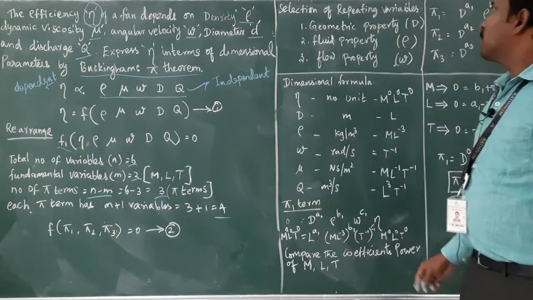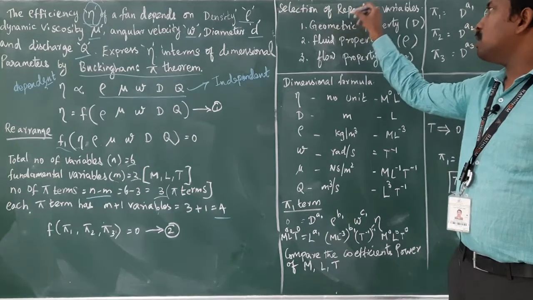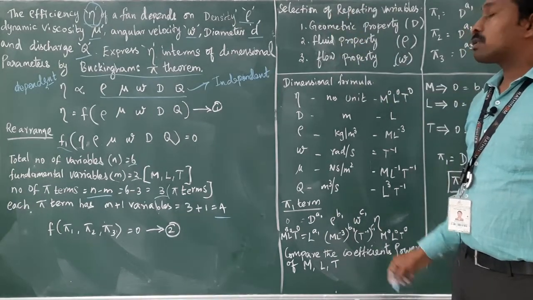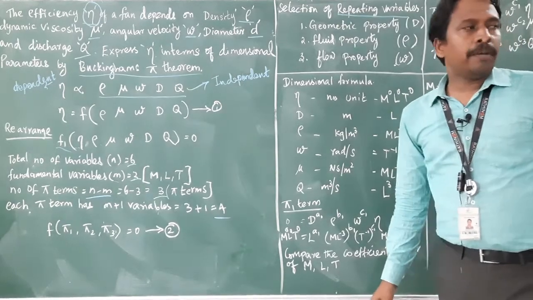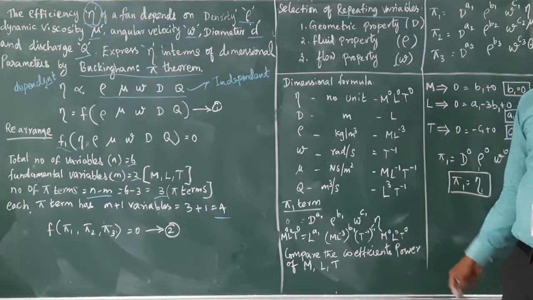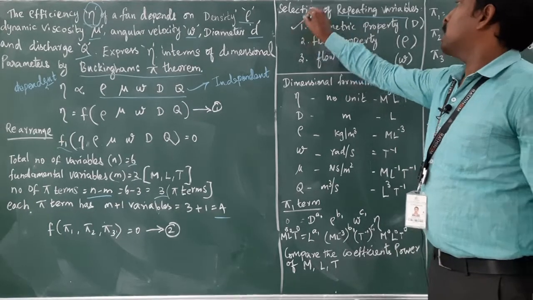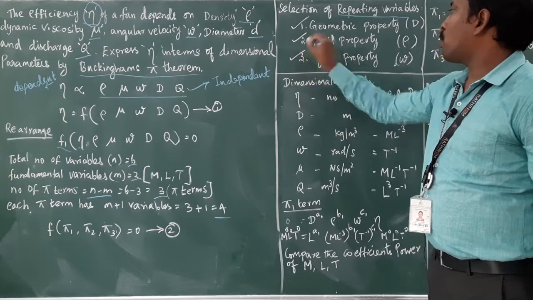Next, for Buckingham's pi theorem we need to find out the repeating variables. Repeating variables mean we need to choose 3 variables. One is geometric property and another one is fluid property and flow property.